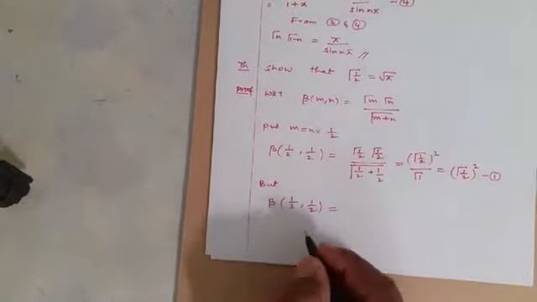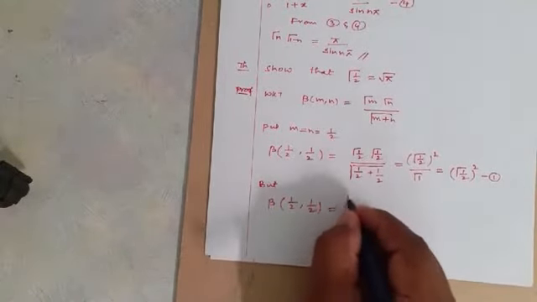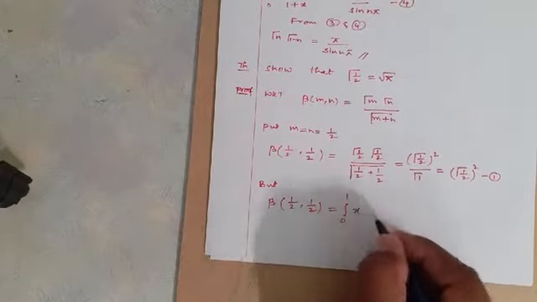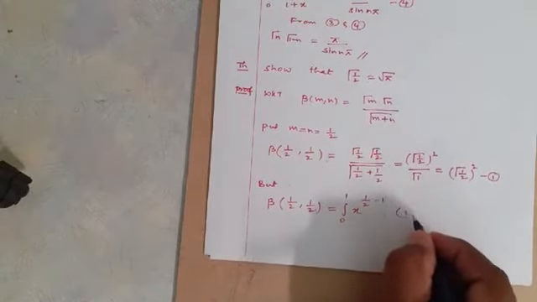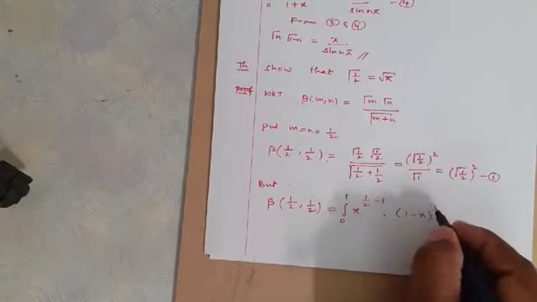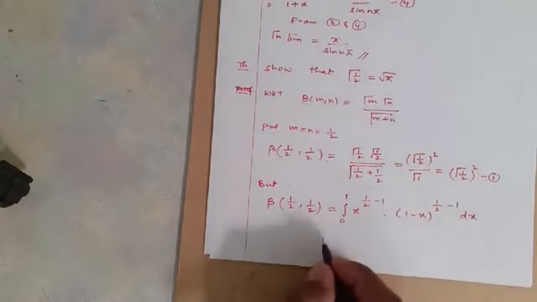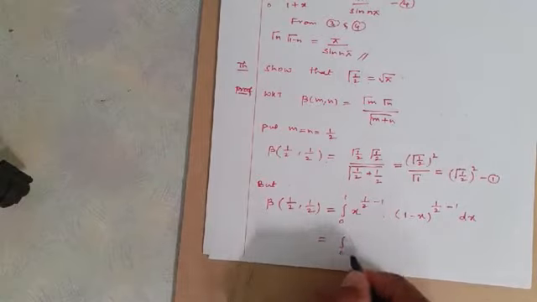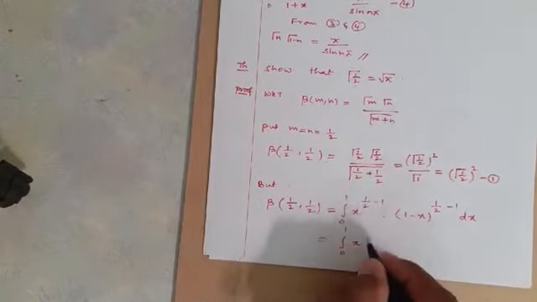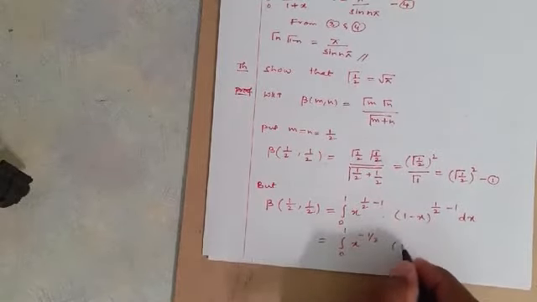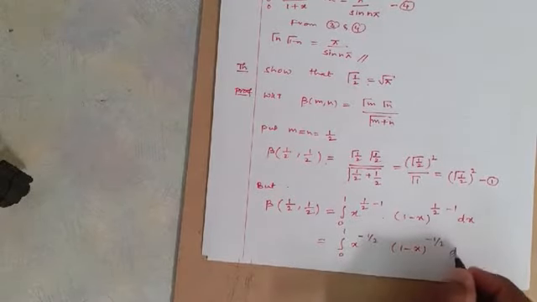Directly substituting, with m and n equal to 1 by 2, this is integral 0 to 1 x power 1 by 2 minus 1 into 1 minus x power 1 by 2 minus 1 dx. Now this is equal to integral 0 to 1 x power minus 1 by 2 into 1 minus x power minus 1 by 2 dx.